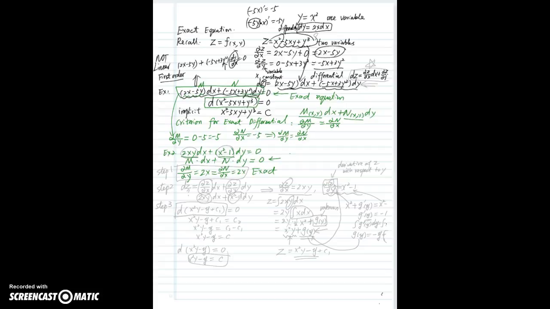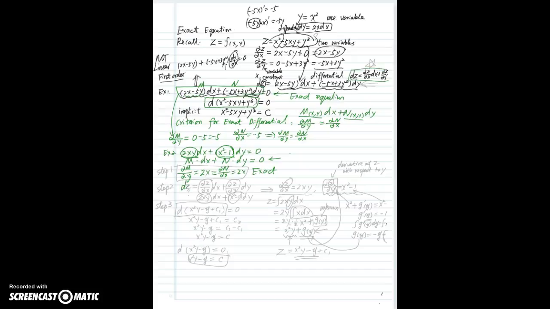Compare them. So that means partial z over partial x equals 2xy. Identify them, we get partial z over partial x equals 2xy. And partial z over partial y, identify them, we get equals x squared minus y.